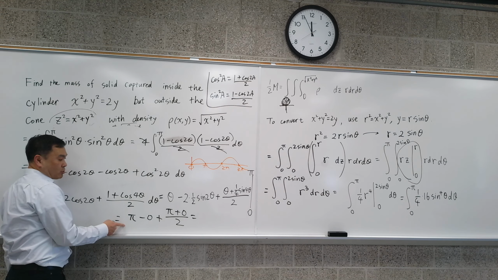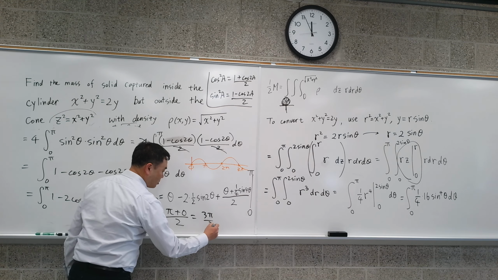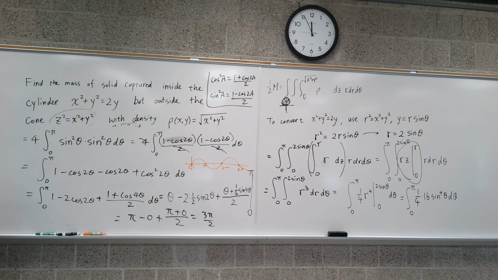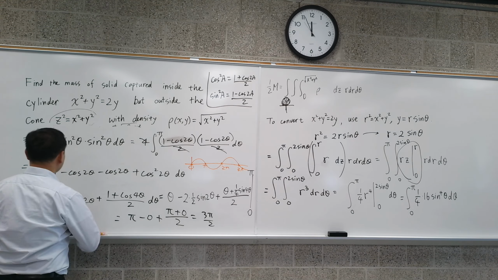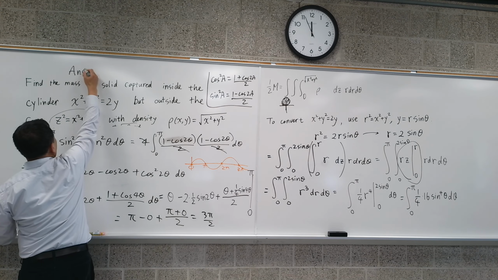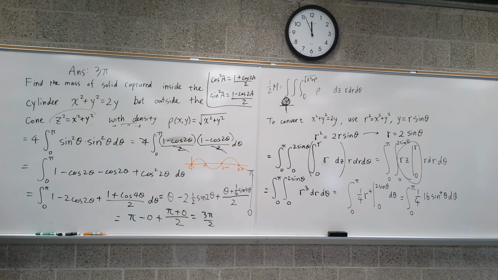So 2 pi over 2 plus pi over 2, that gives you 3 pi over 2. All right? So what's the answer? 3 pi, to double it, right? So the answer to this question is, I'll just write here, answer is 3 pi, because you have to double it.